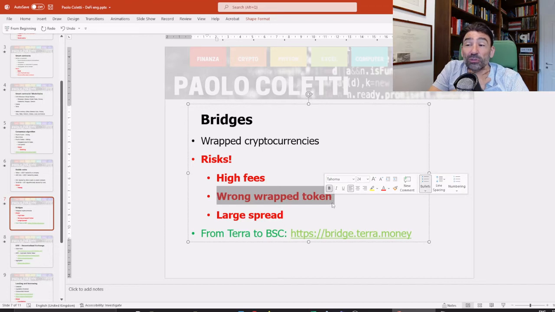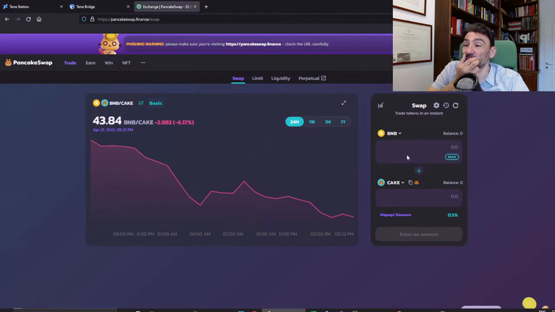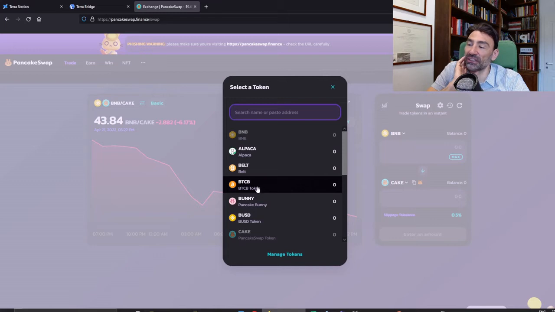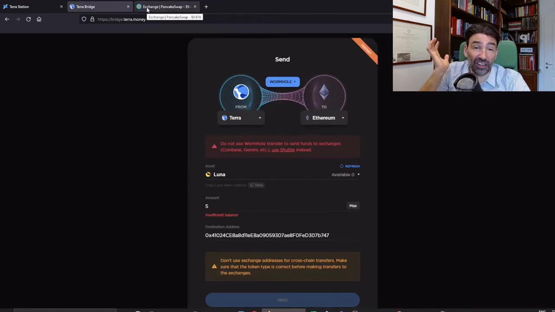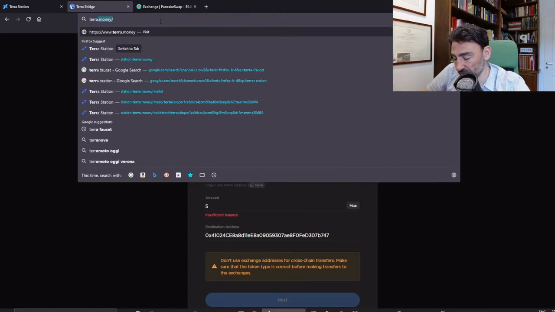Okay. Then you have a wrapped token on the other side. However, there could be several wrapped tokens for the same currency. For example, here it's not the case because BTCB, it's the only wrapped Bitcoin which exists on Binance. But for example, on Terra, I have seen several wrapped Bitcoins. Let's see, Terra swap.